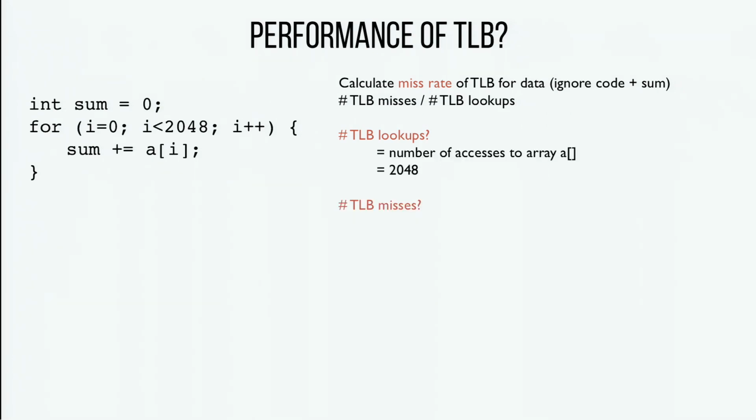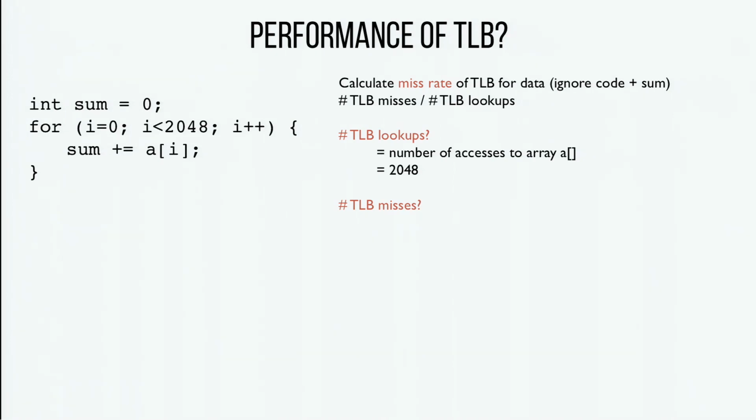How many misses are we going to have in this code? Each time we go to a new page, we're going to have a miss in our TLB because we don't know what the translation is for that page that we're getting to for the first time. So we need to figure out how many integers of A fit on each page. I probably need to give you some assumptions. If I never tell you how big a page is, it's 4 kilobytes.